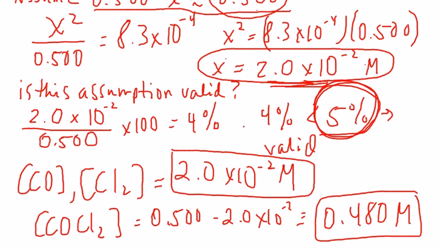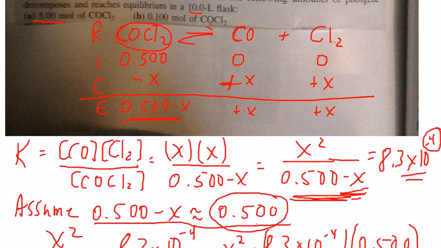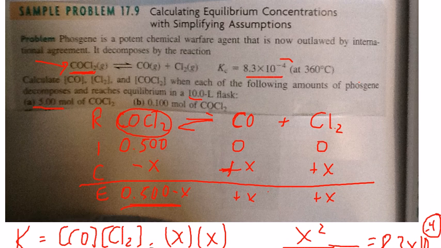Looking back up at the top, we've solved for part A. Part B asks if we had a starting amount of 0.100 mole.